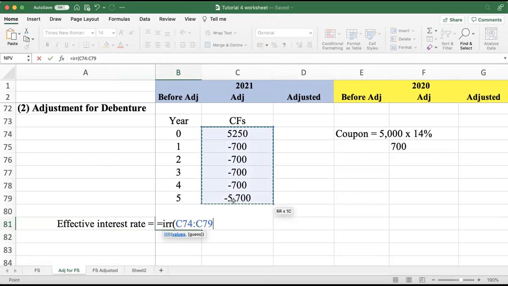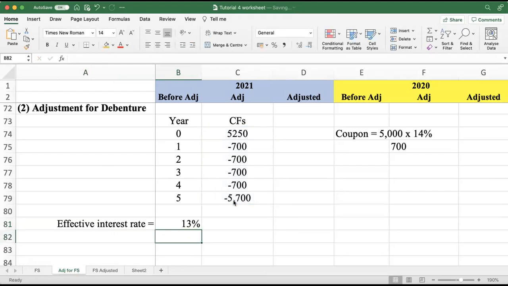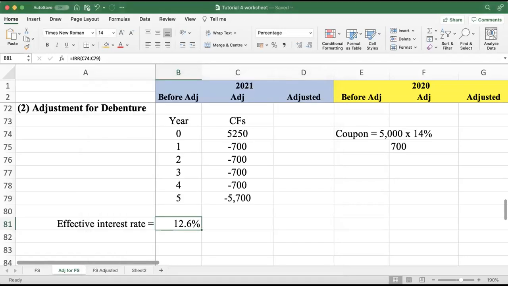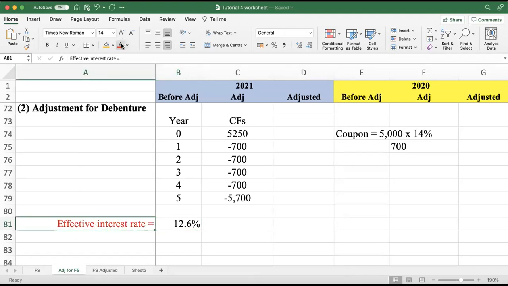So you get IRR 13%, or 12.6%. So this is effective interest rate.